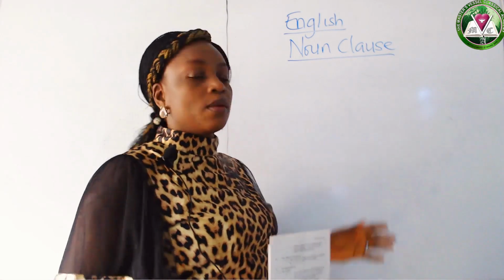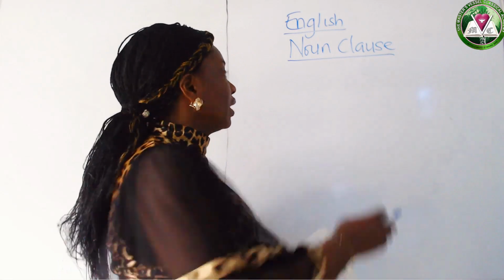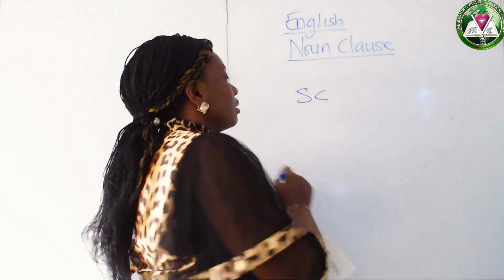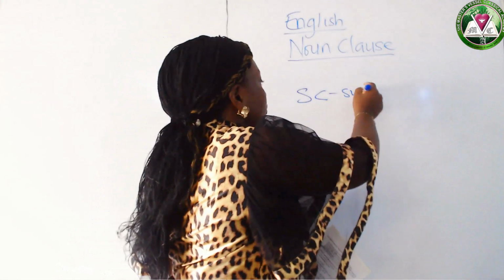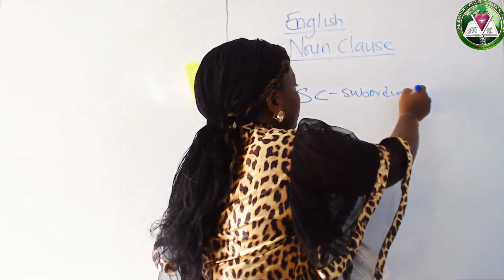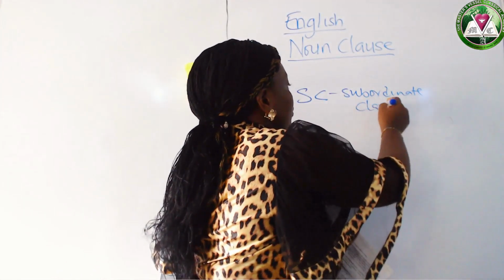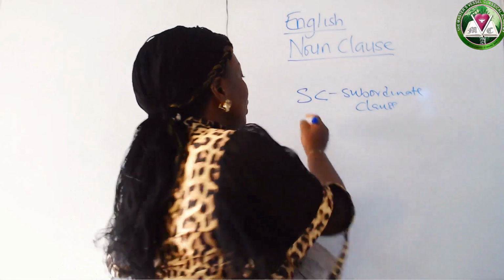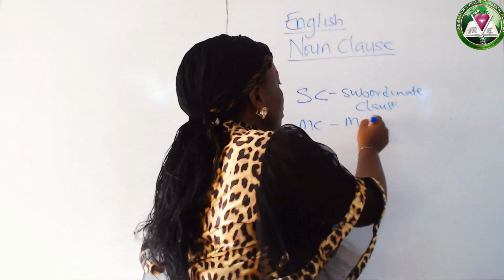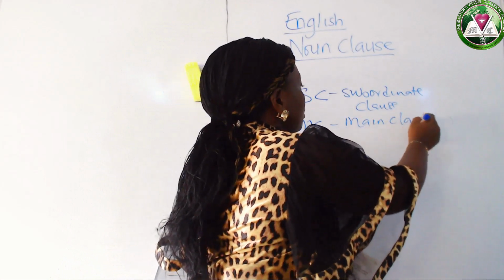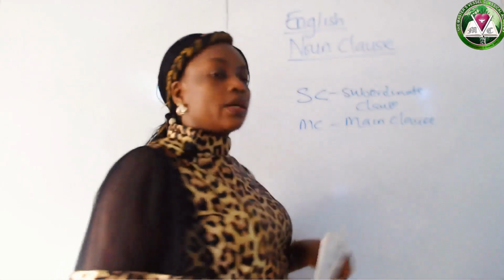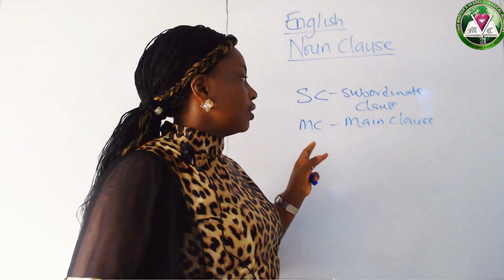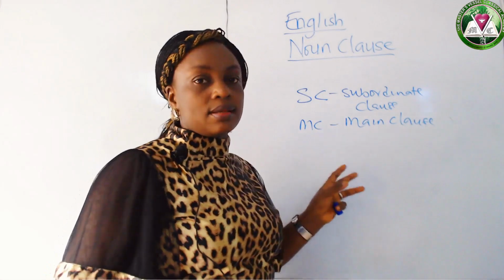A clause forms part of a sentence. In other words, when a clause is SC, that's subordinate clause, it forms part of a sentence. But when it is MC, that is main clause, it forms a complete sentence.